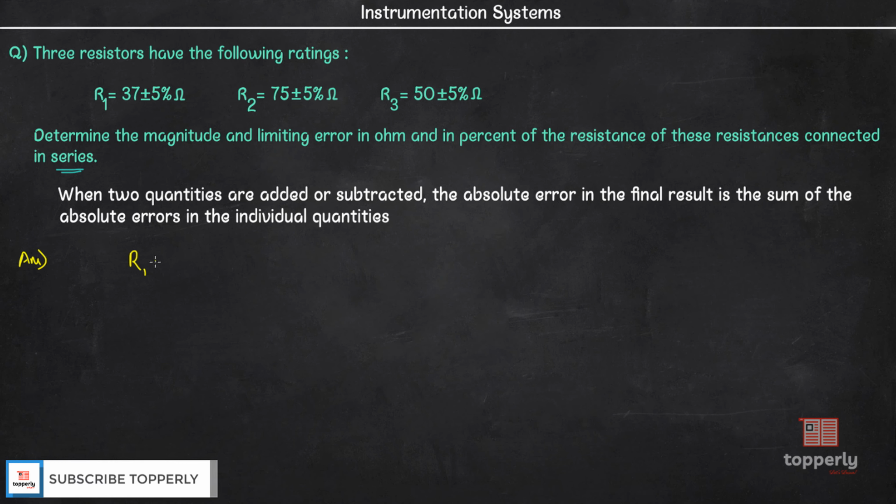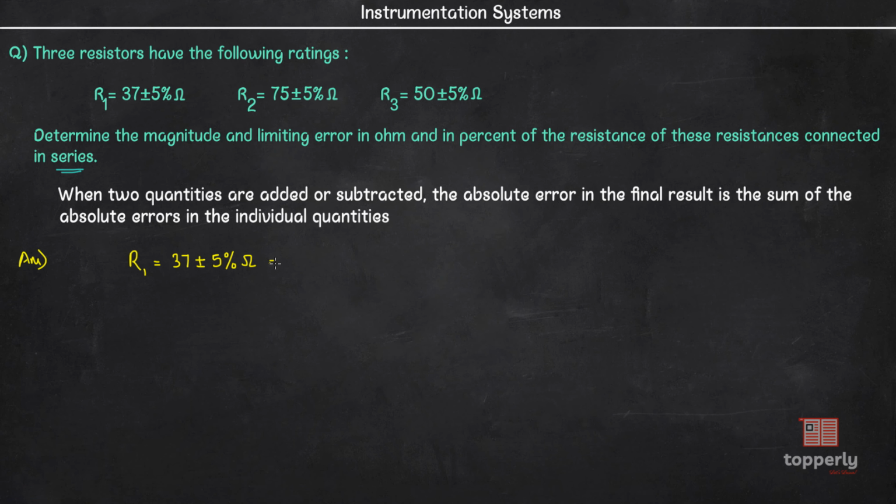R1 is equal to 37 plus or minus 5% ohm, which is equal to 37 plus or minus 5 by 100 into 37, which is equal to 37 plus or minus 1.85 ohm.